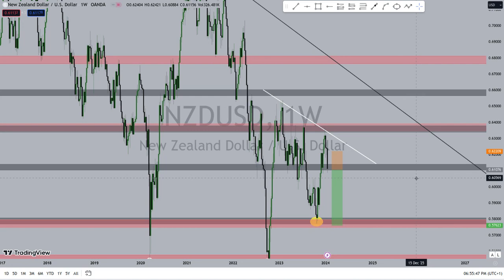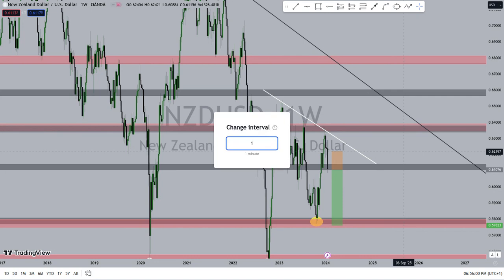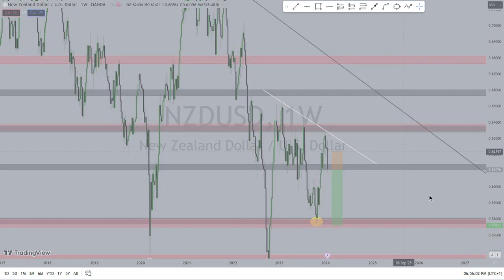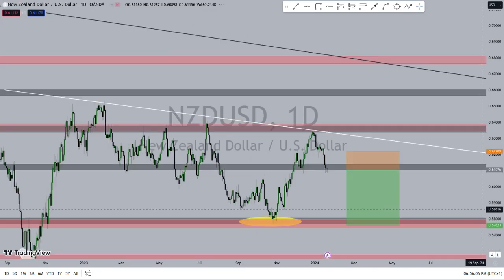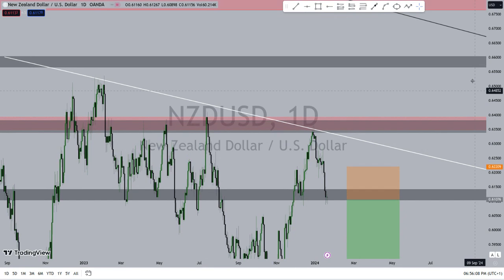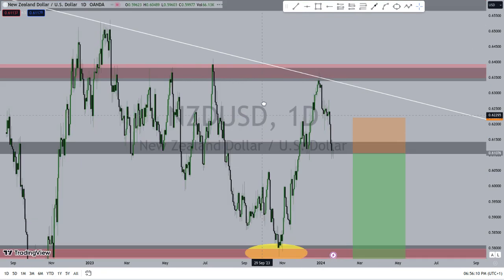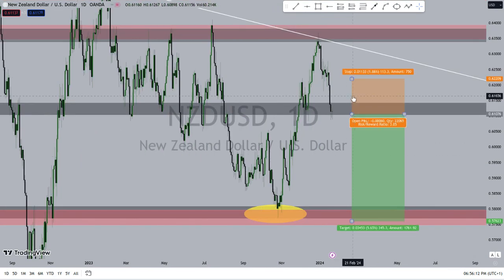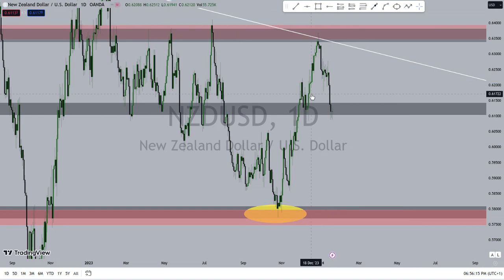So for now, you can see NZD USD is bearish. You can see this trend line, weekly trend line. It just came and retested it. So when I did my analysis and I saw NZD USD was just trying to come and retest this level, and here you can see it.